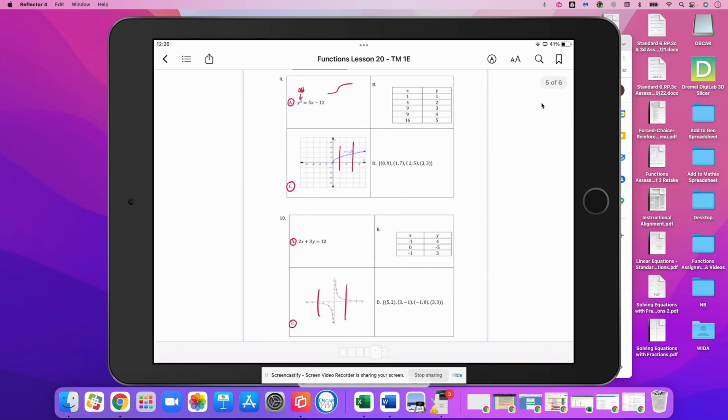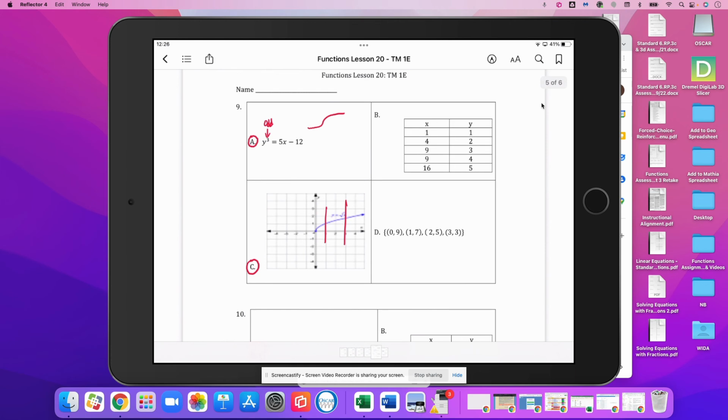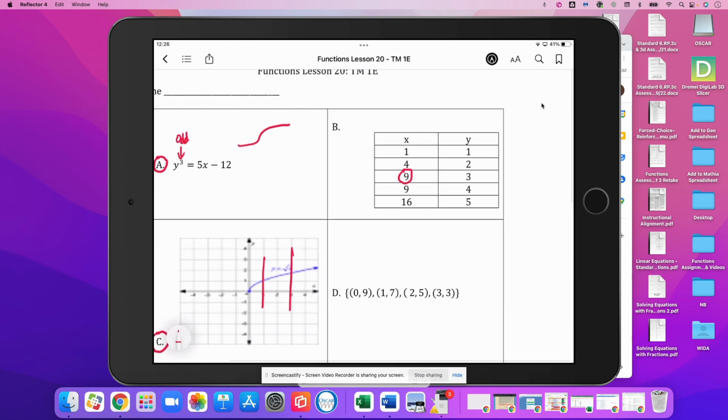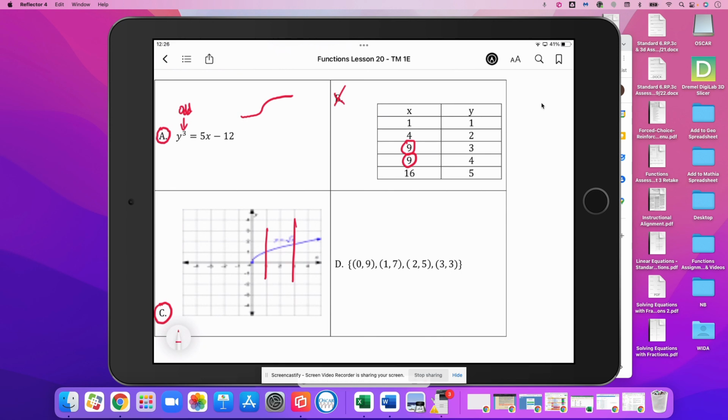Okay. Number 9 and 10. We have repeats that are 9s. I've shown this multiple times on the graph, so I don't think I need to show it again this time. We can see that we would have a vertical line that would pass through 9, 3 and 9, 4. Not a function. And then our x values in the set here, 0, 1, 2, 3.